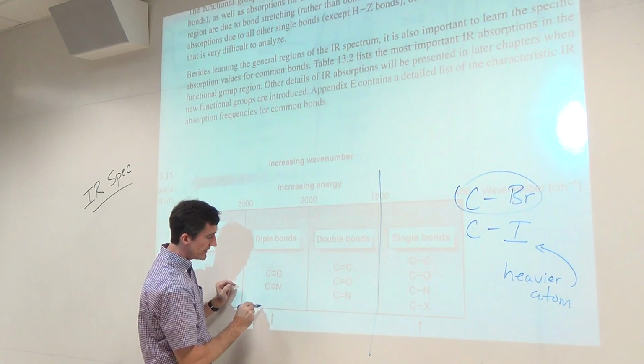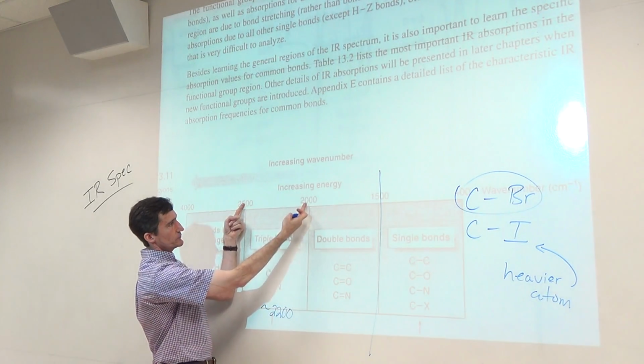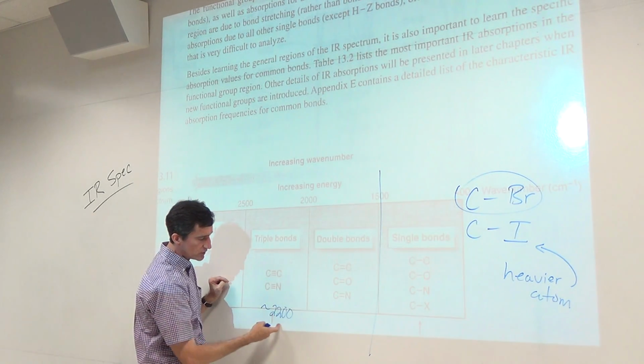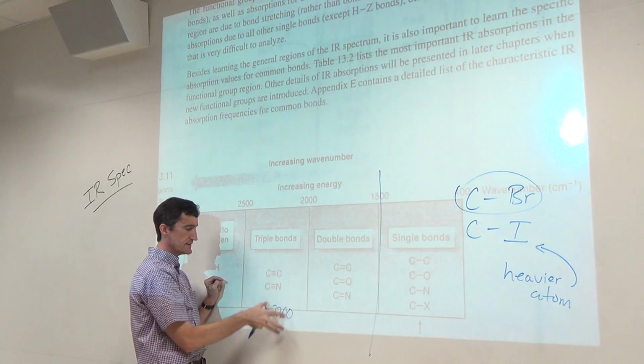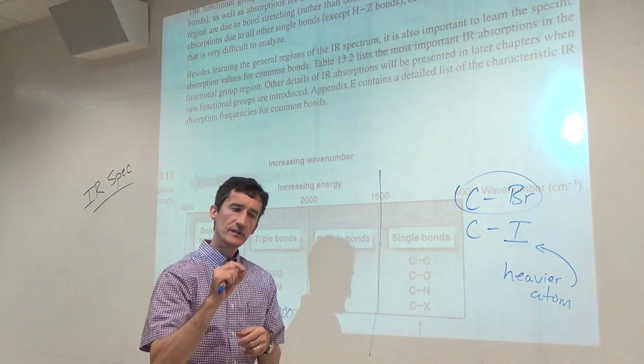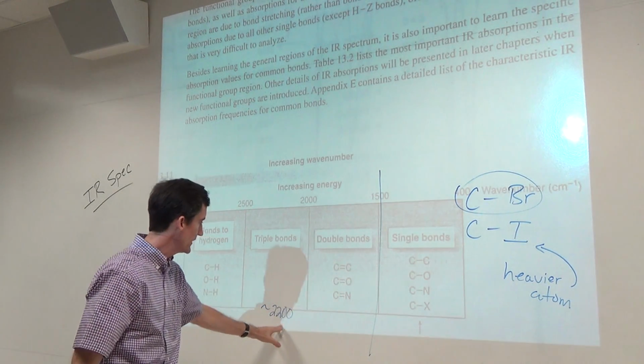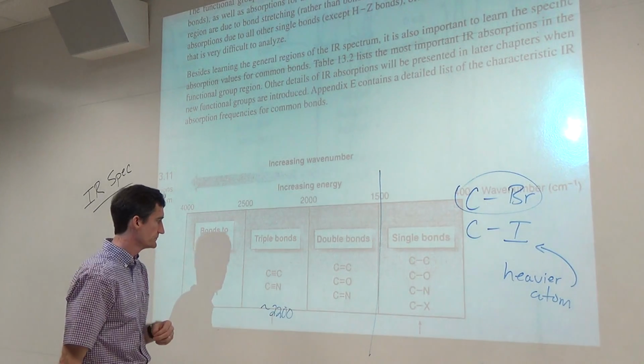These are roughly at about 2200. It says up to 2500. Could be as low as 2100, but basically right around this region. Once we get to the next table, we'll see some more specific and pinpoint these numbers a little bit better. But that's your triple bond region.